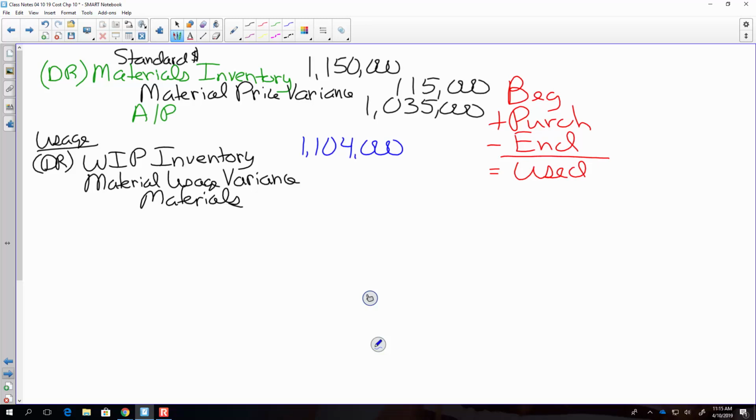My usage variance was how much? 46,000. And then I took out of my raw material the same amount that I put into it, 1,150,000. And that's it. We're just going to record the purchase, record the usage of the material inventory.